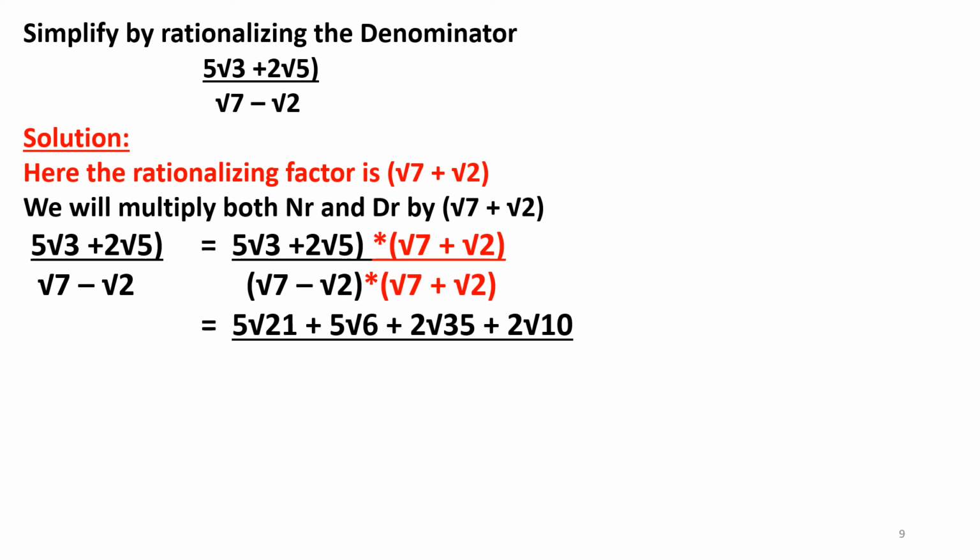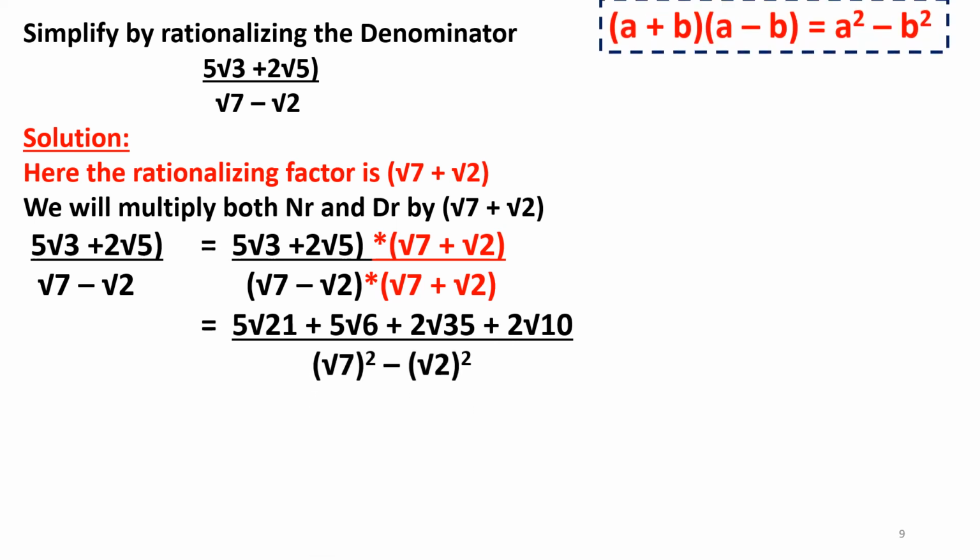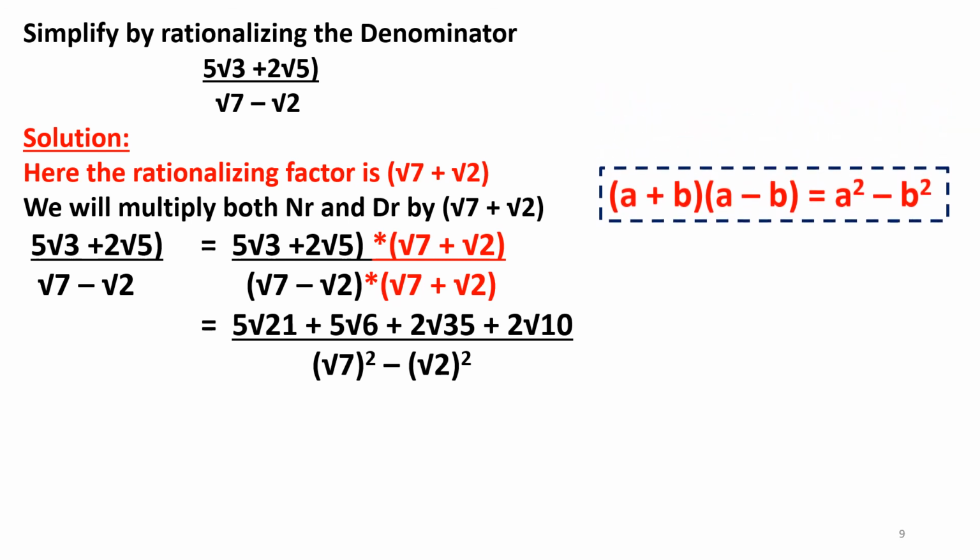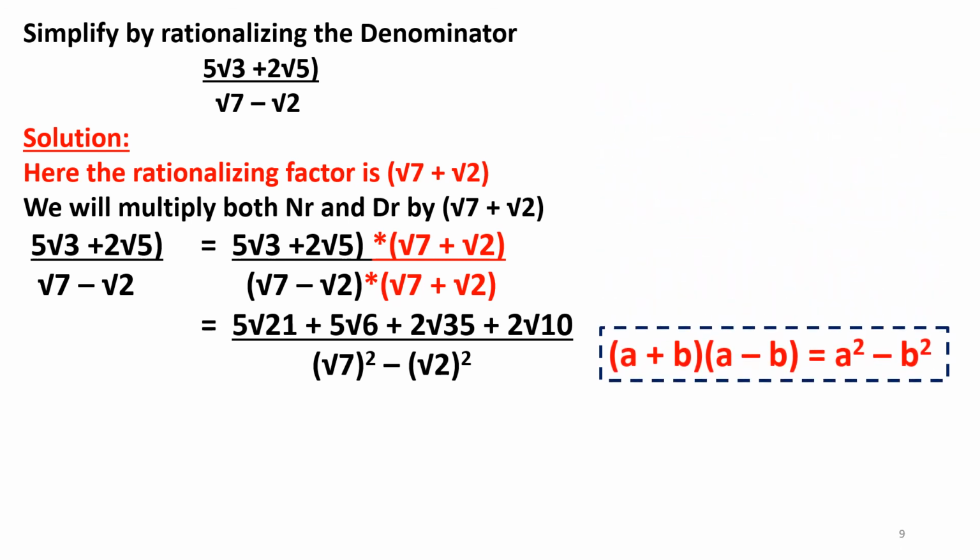Denominator is in the form a plus b into a minus b. Again, the formula is a square minus b square. See the numerator. All the irrational numbers are different: root 21, root 6, root 35, root 10.